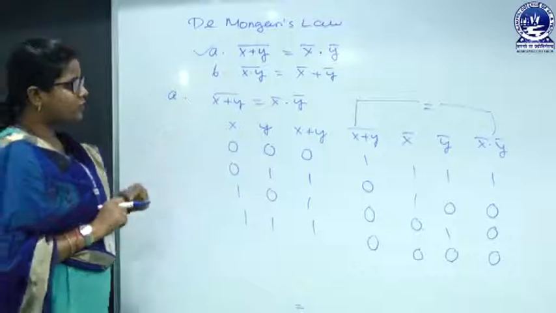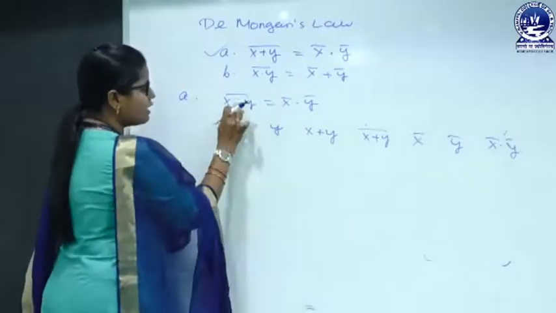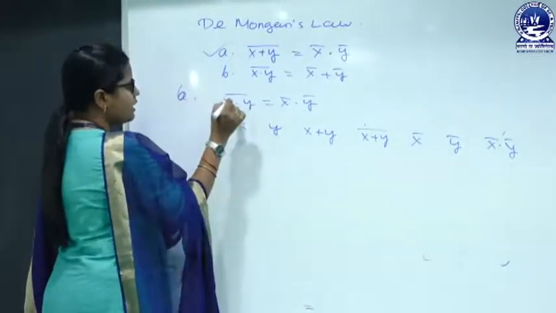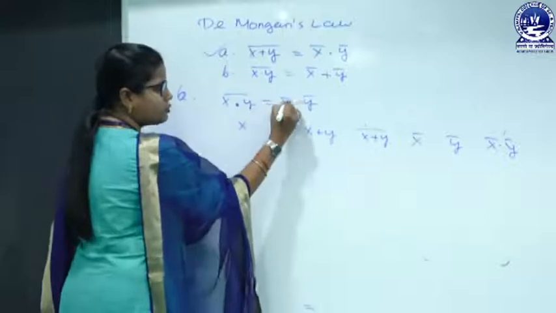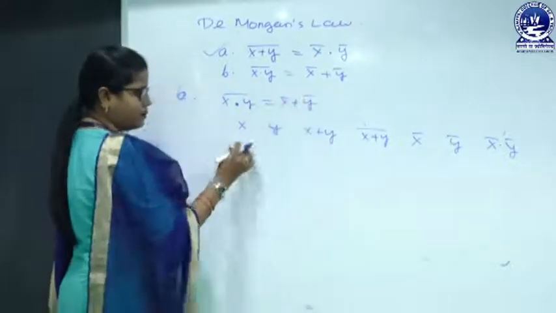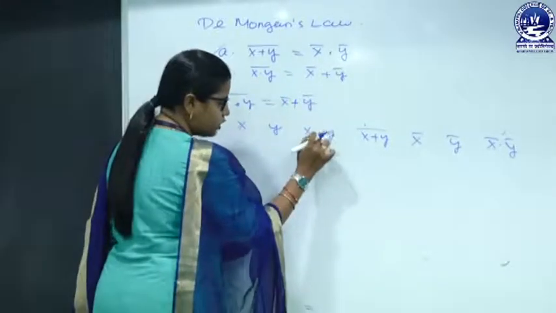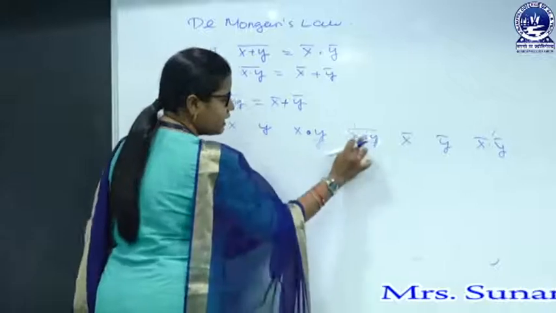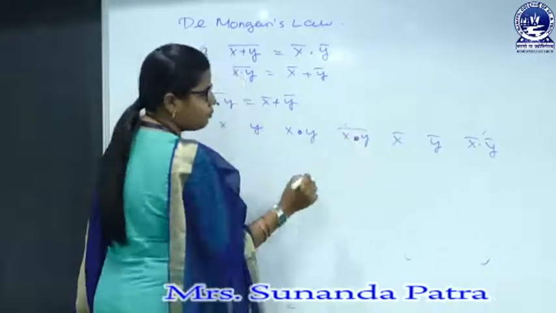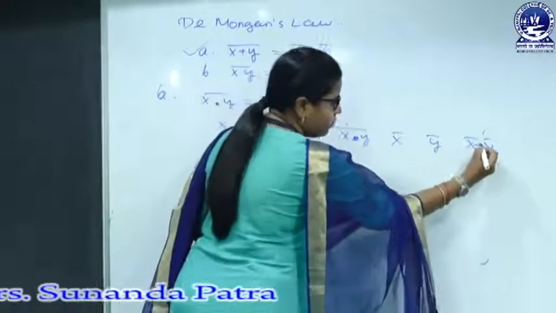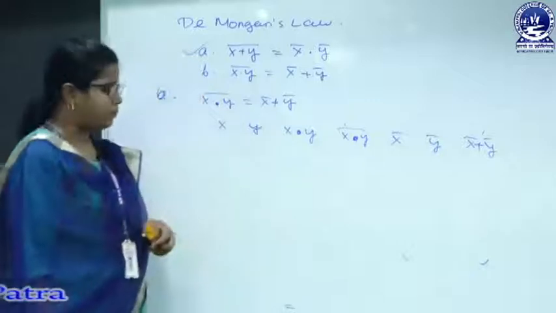Next, go for the second one. The B part says x dot y whole complement equals x complement plus y complement. Here we put a dot mark: x dot y, then x dot y whole complement, x complement, y complement, and x complement plus y complement.